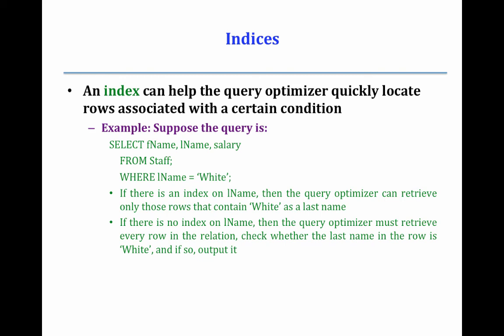Well, if you have 5 indices, I believe there are 2 to the 5th or 32 different ways you could combine them. So it has to consider potentially 32 strategies. Now if you have 10 columns and 10 indices, that's 2 to the 10th or 1024. Notice we're getting an exponential blow up in the number of strategies that your query optimizer might have to consider. That's another reason you don't index all of your columns. Okay. There are other reasons, but those are 3 good ones.